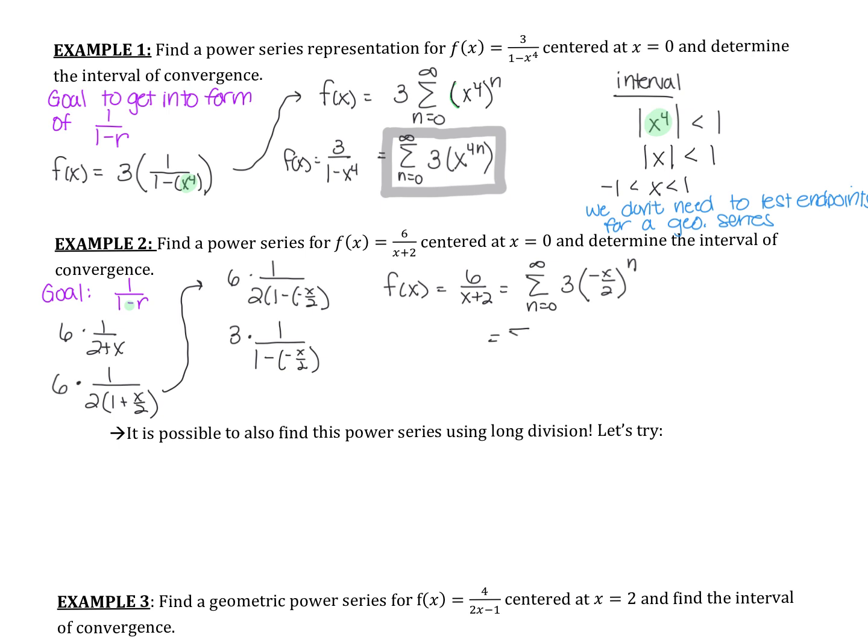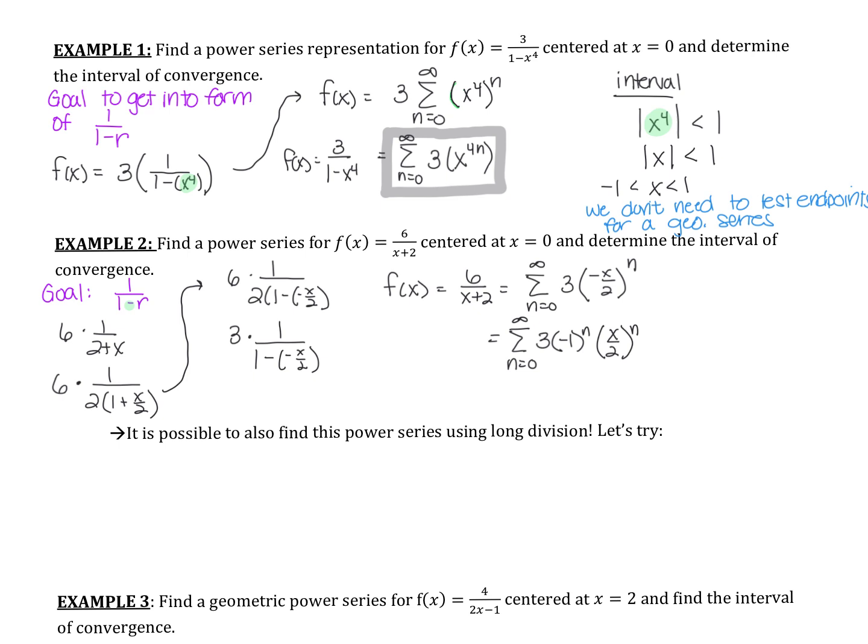So oftentimes we will see this alternating part pulled out, maybe even all the way in front of the 3. But we have the alternating part times 3 times x over 2 to the n power. This is more common to what you might see.